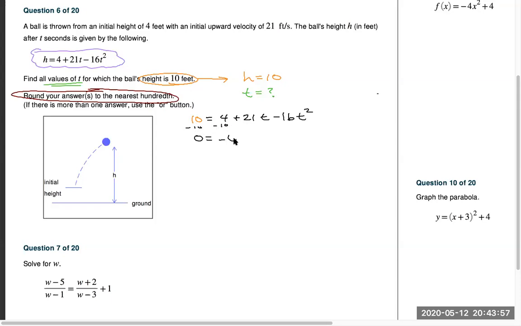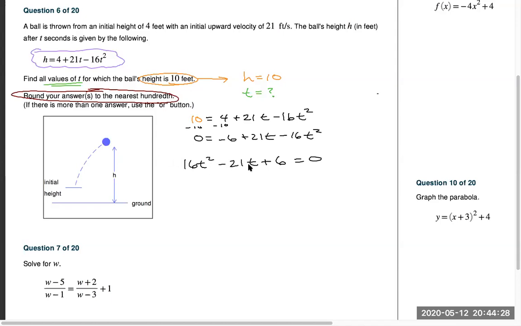That's going to give me a -6 over here. And then I could use quadratic formula from here if I wanted to, but I'm actually going to just move all the terms over to the other side, changing the signs of them all and putting them in decreasing order by degree. So add 16t squared to both sides, subtract 21t both sides, add 6 both sides equals 0.